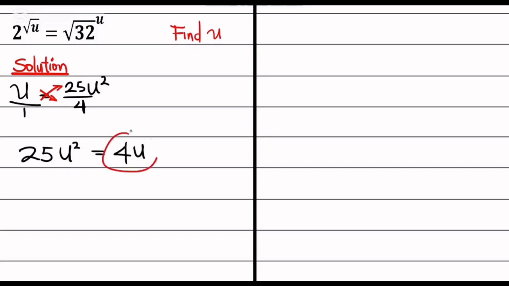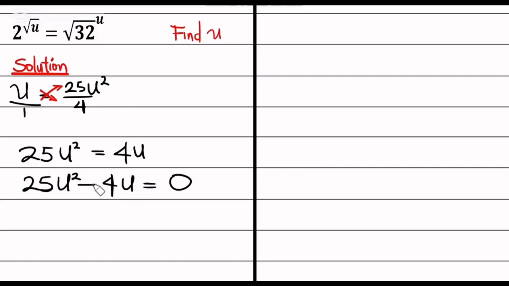Then bringing this one to the left hand side, we have 25u squared minus 4u equals 0. Even without thorough checking, you can see that I have u present here and the same u present here. What if I bring out the common term by factorizing?